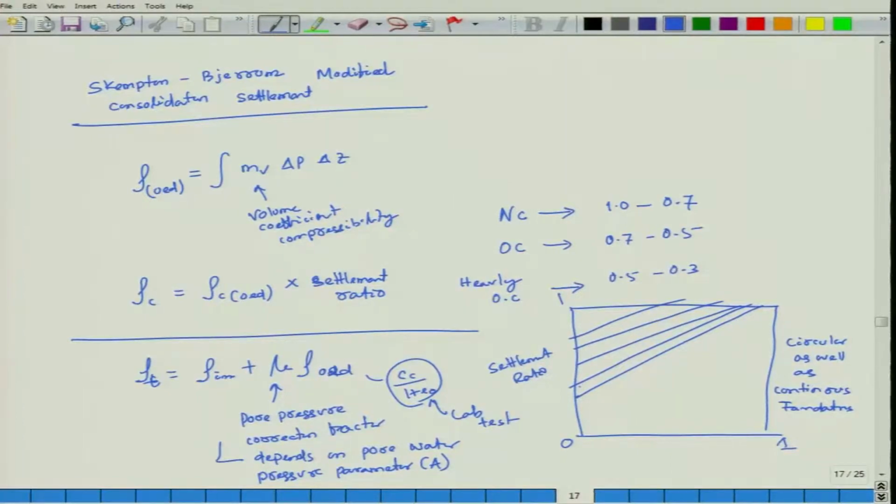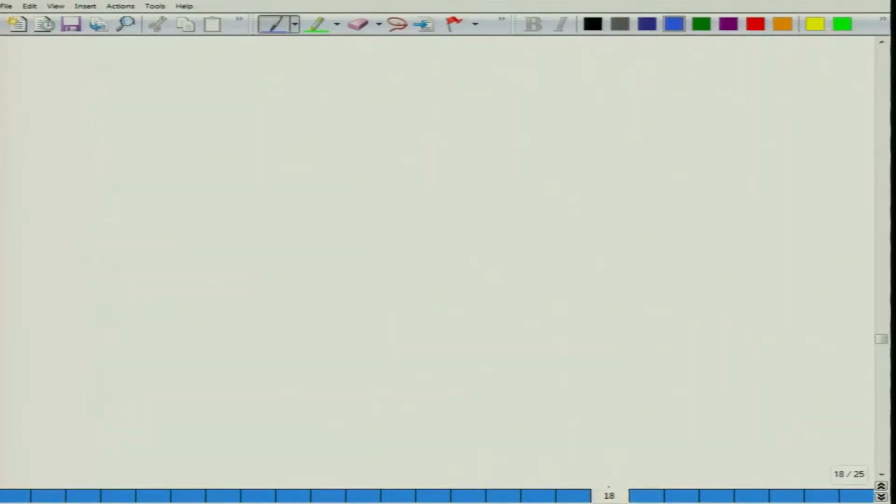For normally consolidated clay it is varying between 1 to 0.7, for over consolidated clay it is 0.7 to 0.5, heavily over consolidated clay it is varying 0.5 to 0.3. Before I go to the stress path and the settlement by stress path methods, let us solve one problem, then we will try for different methods.